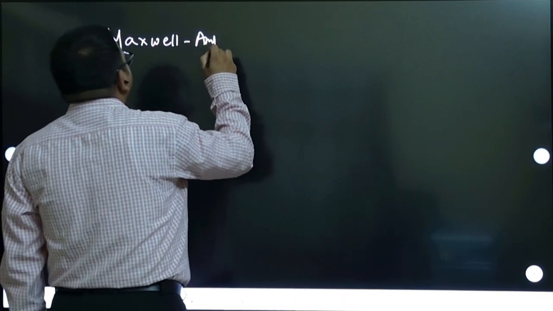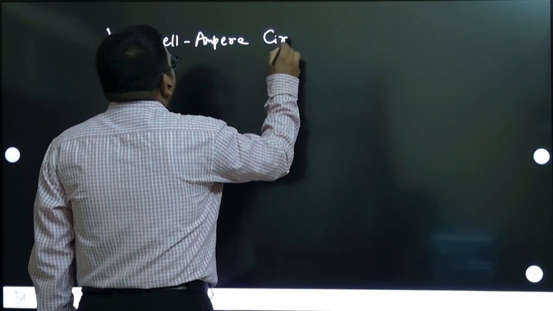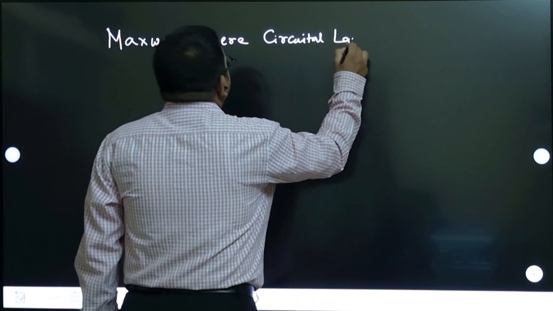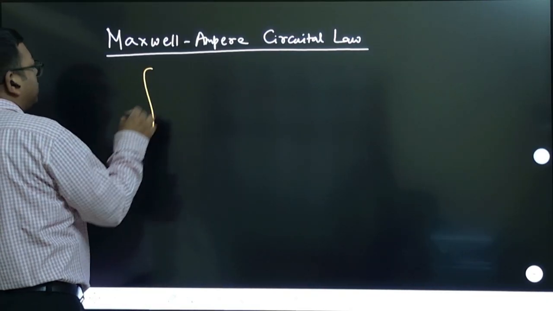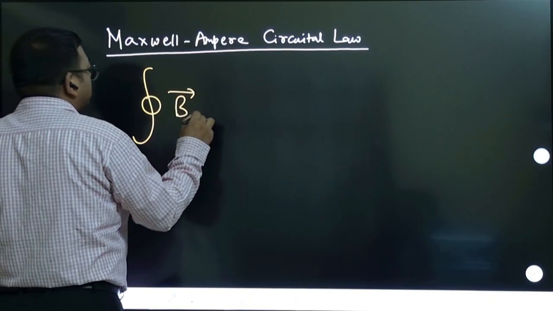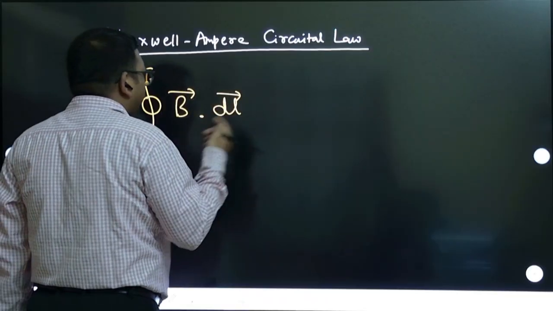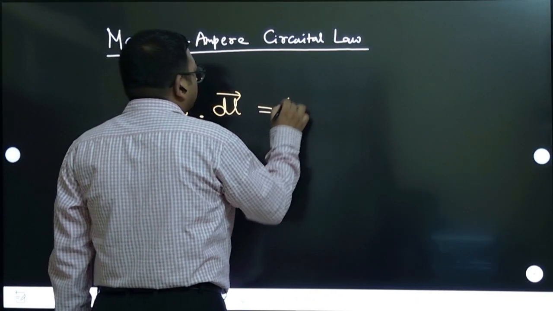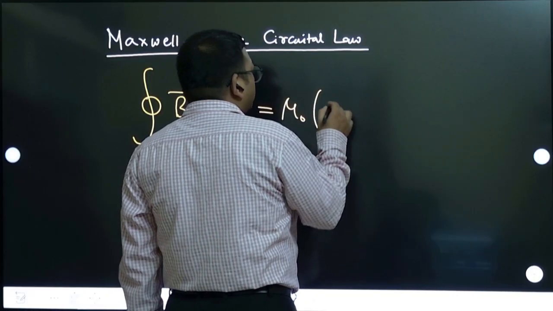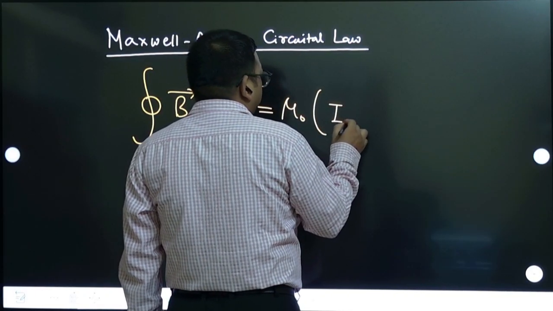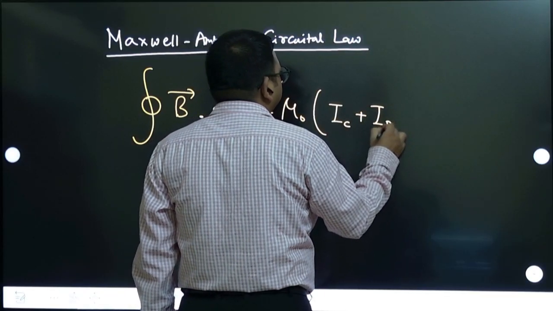So let us write that modified version, the Maxwell-Ampere Circuital Law. What he modified is the integral of B dot dl, the line integral of the magnetic field along a closed path, is equal to mu naught into the current within that loop, but that current includes conduction current plus displacement current.